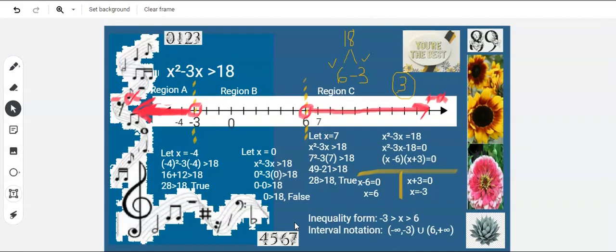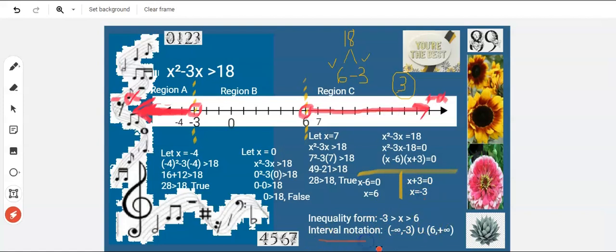Which means that the inequality form of the solution set looks like this, wherein x is less than negative 3 and x is greater than 6. So walay appeal sa solution set ay negative 3 and 6.